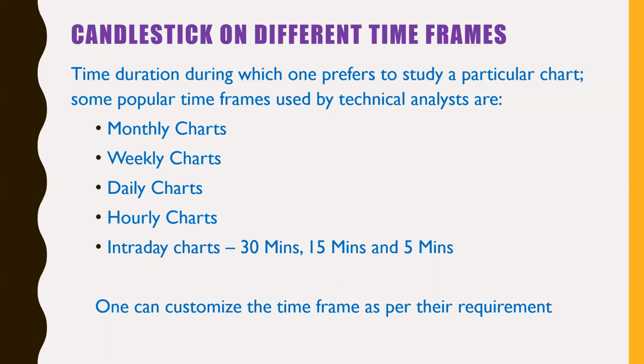For intraday trading, they will basically see the 30 minute, 15 minute and 5 minute charts. So one can customize the time frame as per the requirement. It's all based on their trading plan and trading strategies, and they can change it.